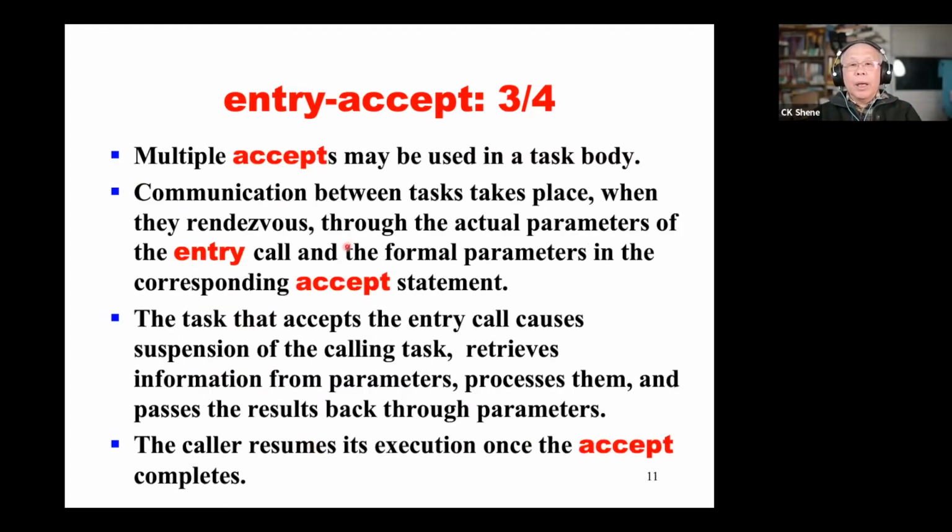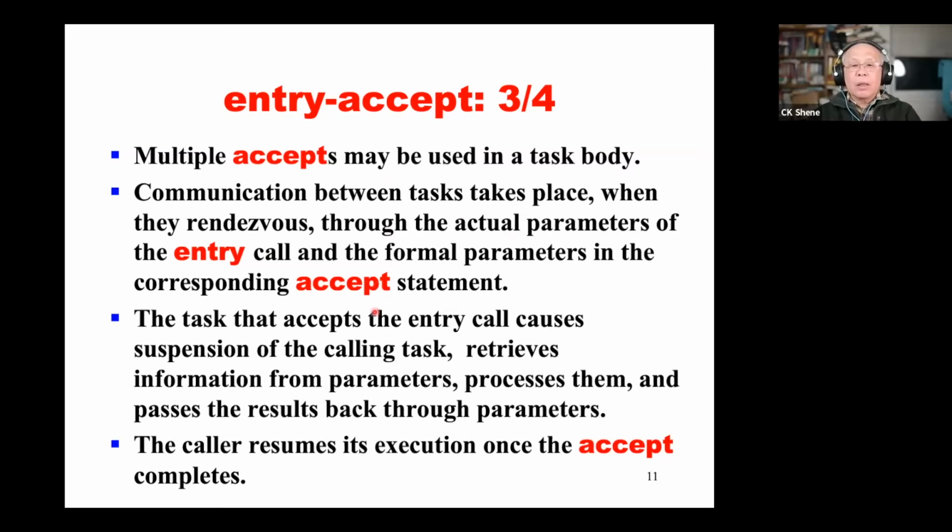Now, in a task body, you may have multiple accept statements. Previously, we showed two entries, one for get, one for put. Therefore, you have two accepts. So the communication between tasks takes place when they rendezvous through the actual parameters of the entry call and the formal parameters in the corresponding accept statement. They exchange these messages.